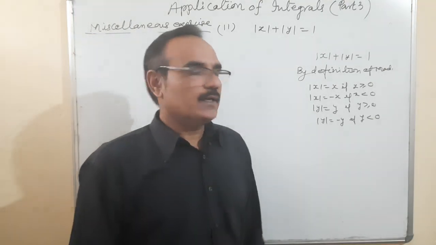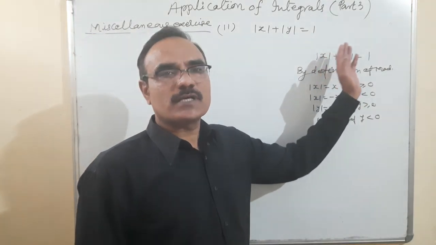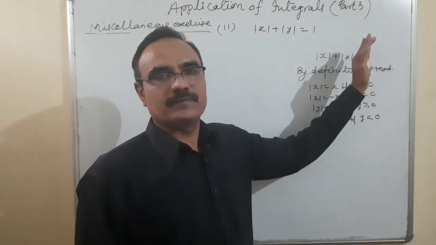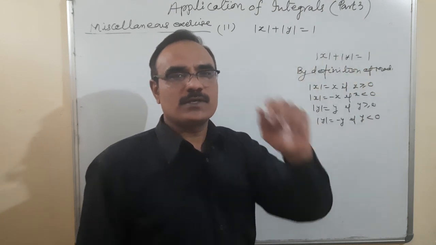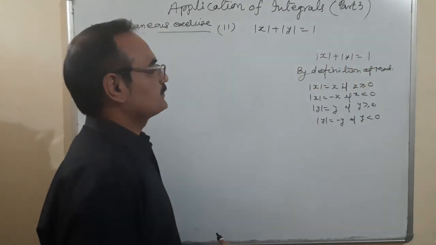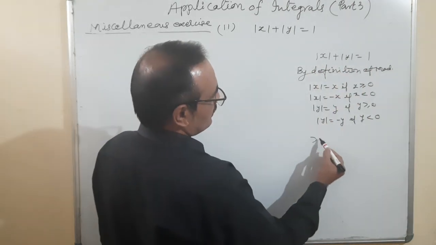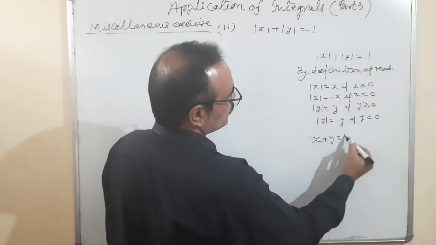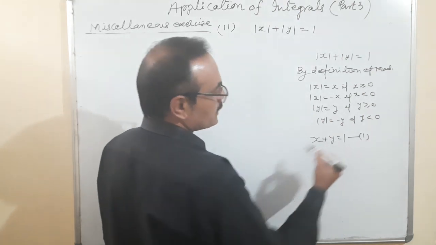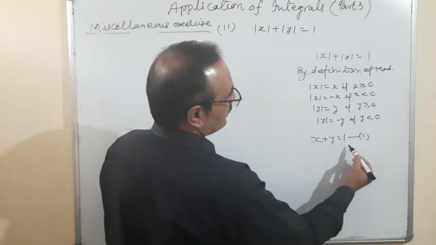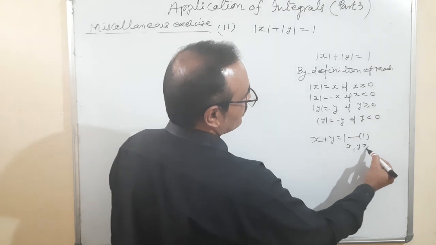So what happens? Either both the terms are positive, both the terms are negative, one positive and one negative. So there are 4 conditions we have. Number 1, x plus y is equal to 1, when x and y are greater or equal to 0.